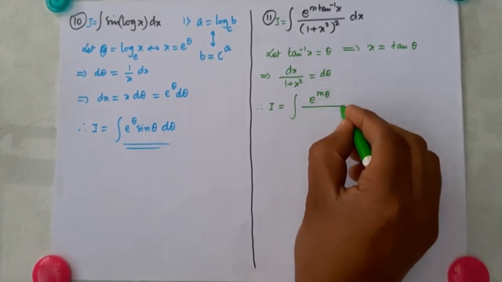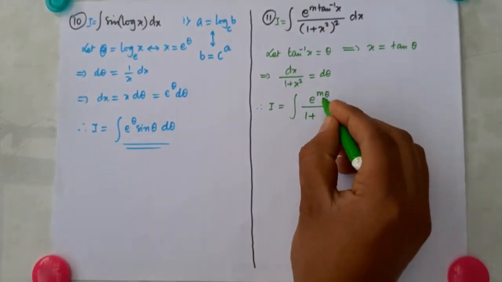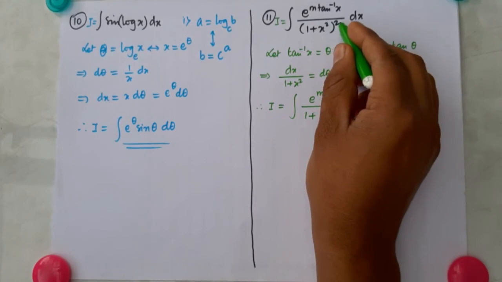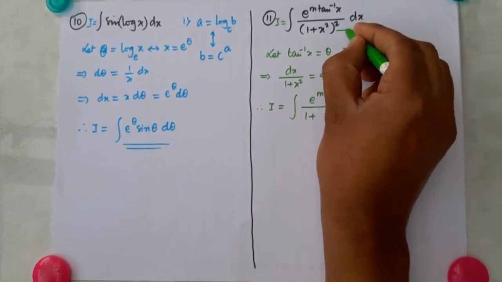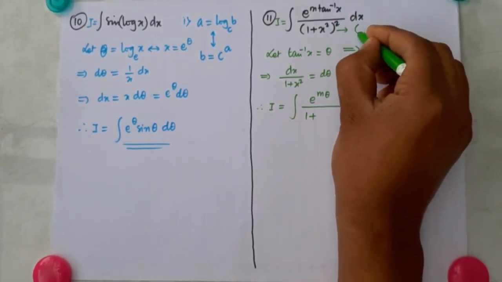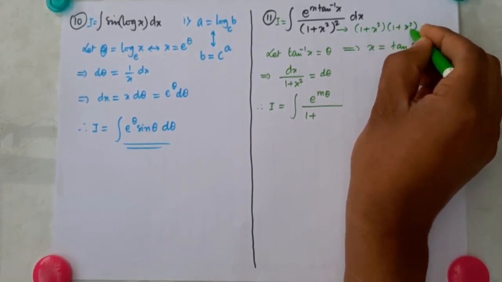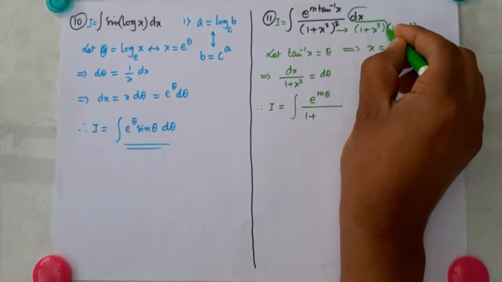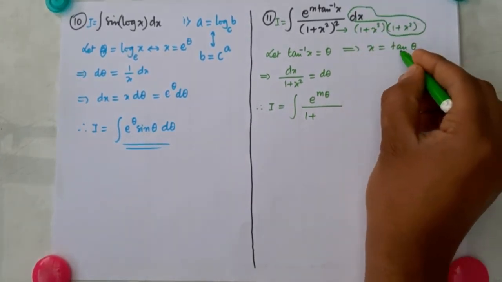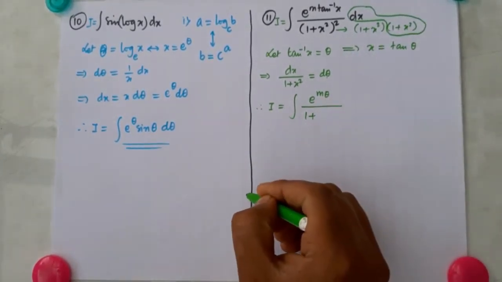Now this can be written as 1 plus x square, see there are 2 factors, so among this I'm taking one 1 plus x square, and I'm going to call dx by 1 plus x square to be d theta.